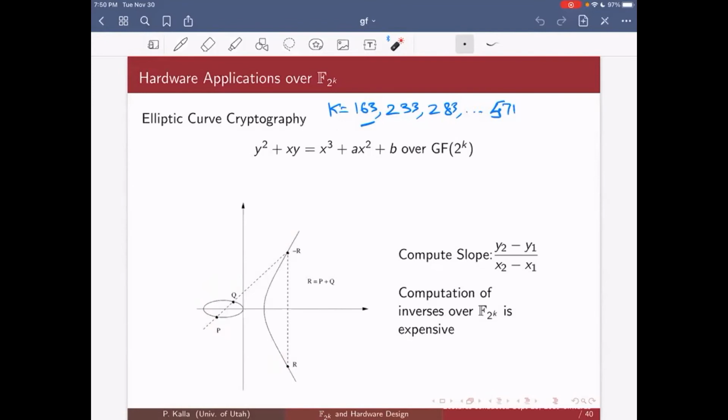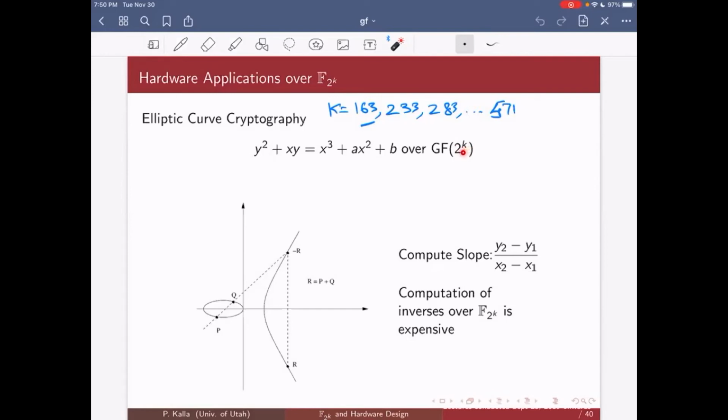So the way it works out is that this is actually very power hungry. In general, these elliptic curves are a standard. There is an institution called NIST, which basically specifies that you use an elliptic curve and you do it over a finite field of 2 raised to k elements. So this k is basically the operand word length.